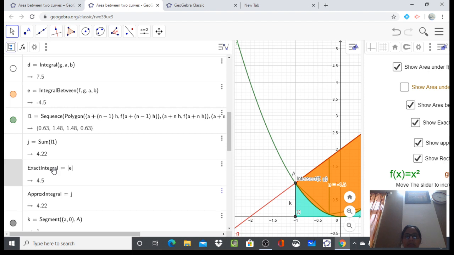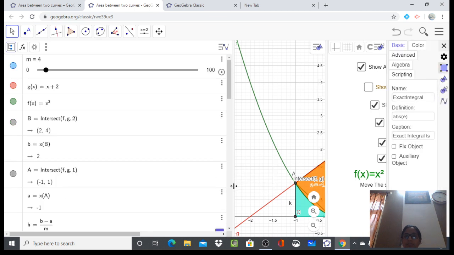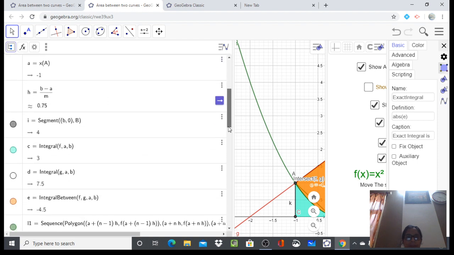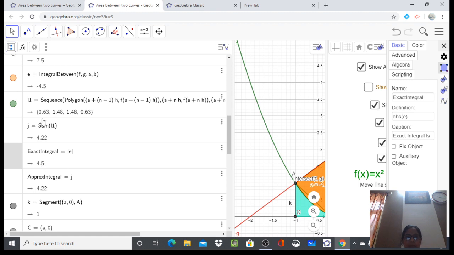For the exact value we take the modulus of E. The command used here, ABS, ABSE, stands for modulus of E. This is the exact value of the area, and the approximate value of the area is J. So when we increase the number of rectangles, we move towards the exact integral.